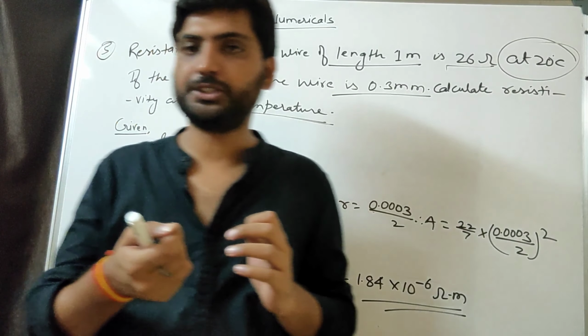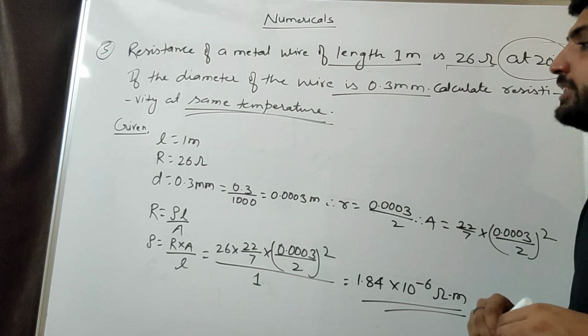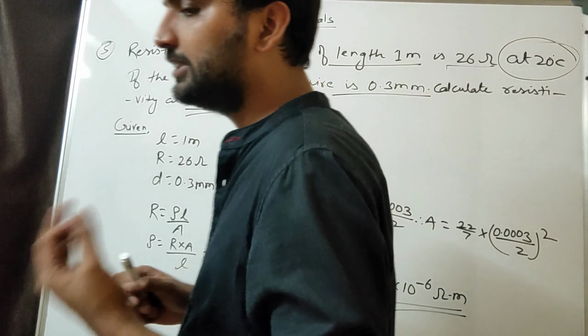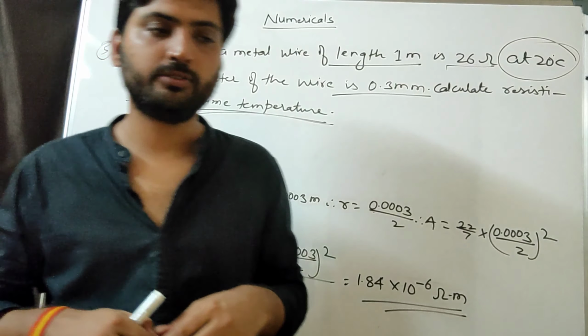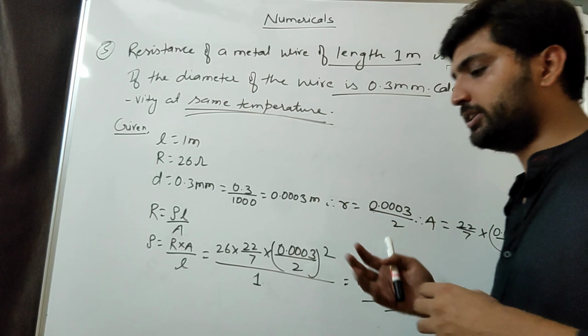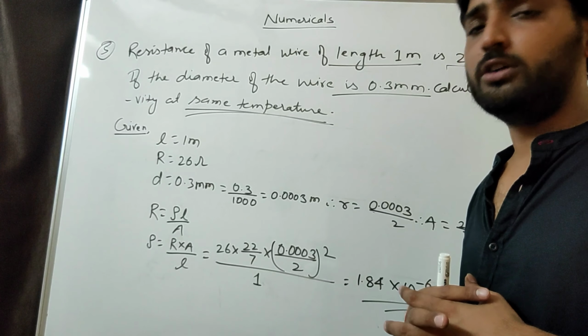They will not twist the question; they will ask direct numericals. So solve this, try to do more and more numericals at home by taking your NCERT book or any book, whatever you want to study. Bring 4 or 5 numericals based on this topic and solve them. You will gain confidence.